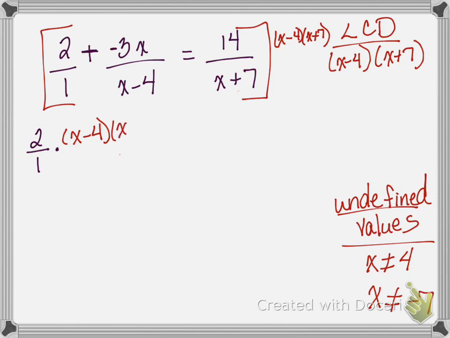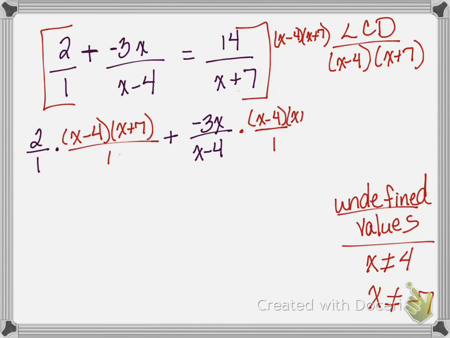So then I've got x plus 7 over 1. Now I've got plus negative 3x over x minus 4. And so I'm going to multiply this times x minus 4 times x plus 7 over 1. And that is going to equal 14 over x plus 7 times x minus 4 and x plus 7.